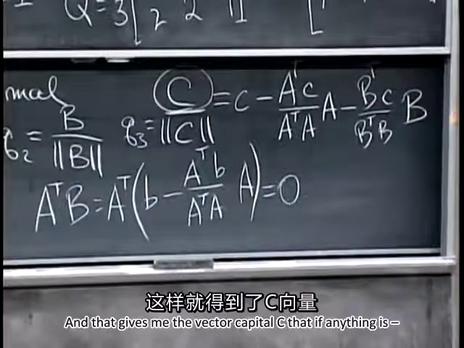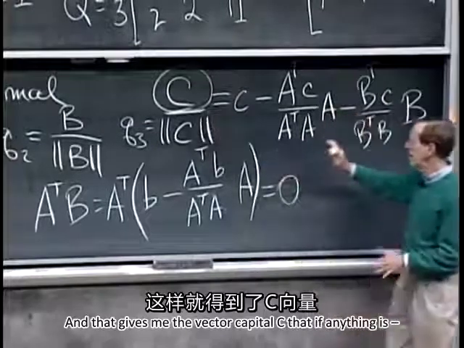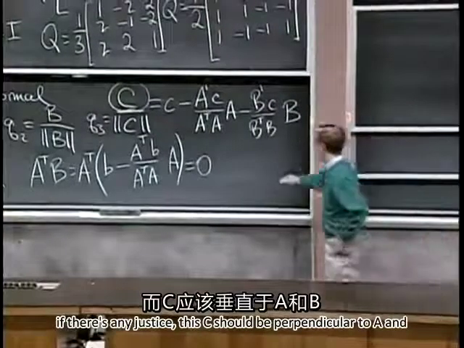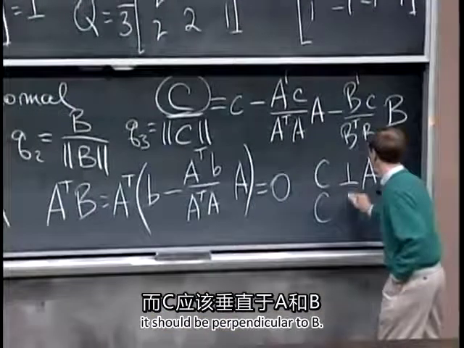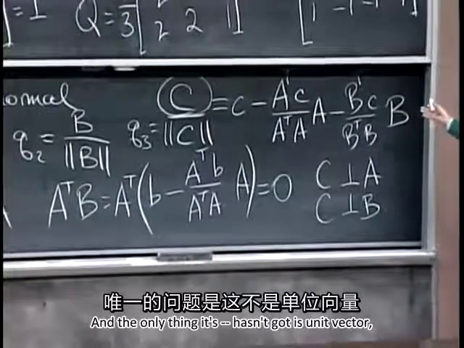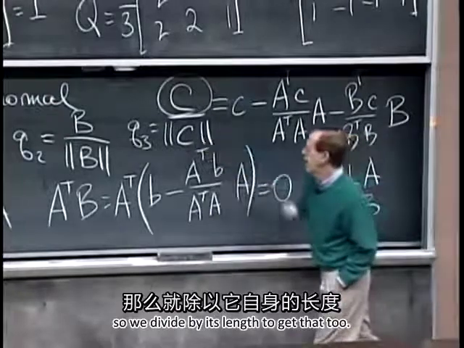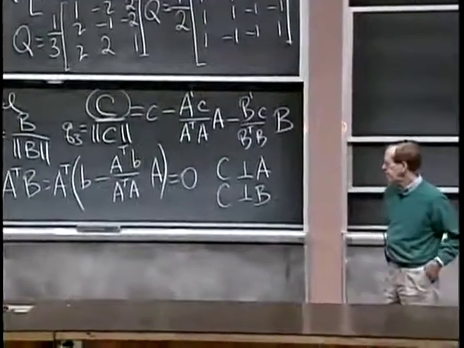And that gives me the vector capital C that, if there's any justice, should be perpendicular to A, and it should be perpendicular to B. And the only thing it hasn't got is unit length, so we divide by its length to get that too. Okay.